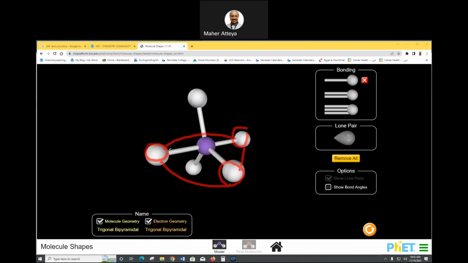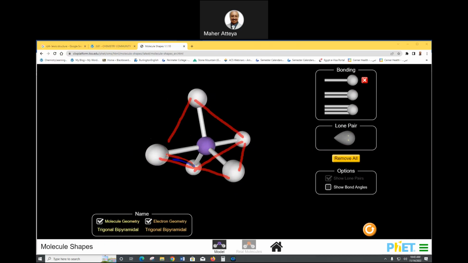Trigonal means triangle, correct? Bipyramidal, it looks like we have two pyramids. One is the top of the pyramid, and the base is here. And the second is the opposite.